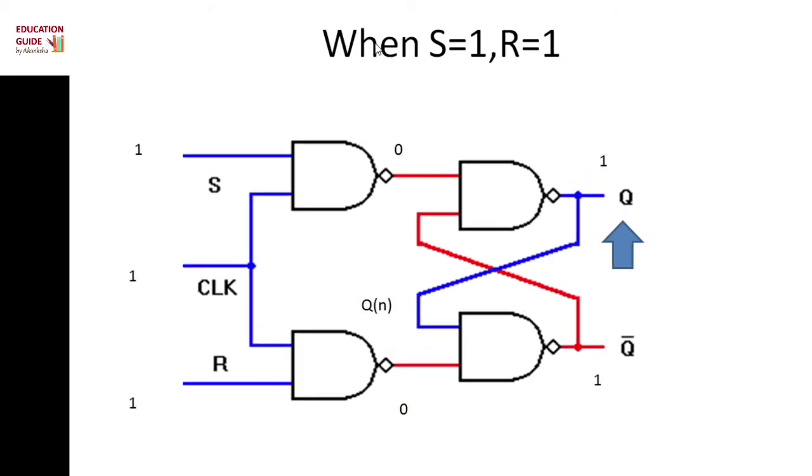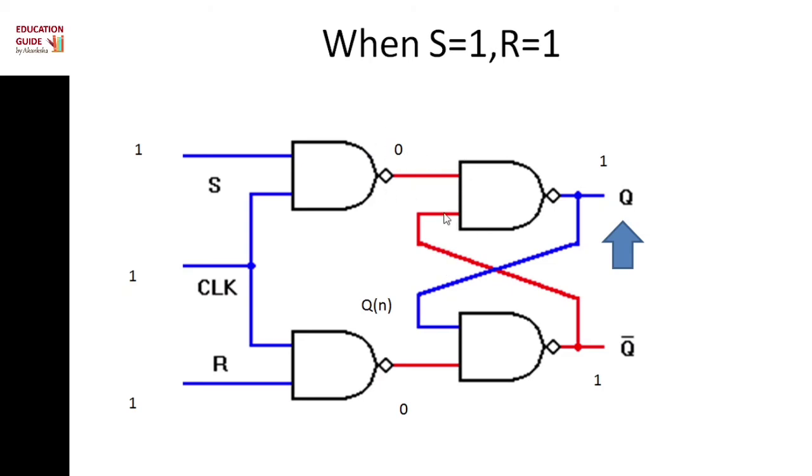Next, when we give S is equal to 1 and R is equal to 1 and the clock input is also 1, then in both NAND gates we can find the output is 0 and 0. Firstly, we consider the bottom NAND gate. Here we consider Qn. So the input of the bottom NAND gate is Qn and 0, then we can find the output as 1, and here it is 1 and here it is 0.